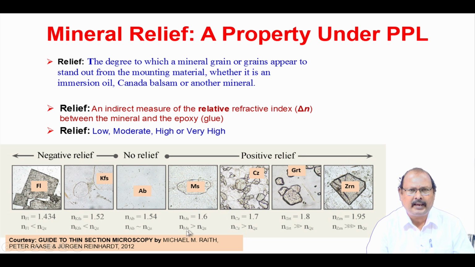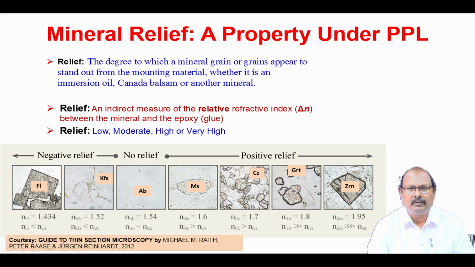So, if you say that 1.54 is a reference, then consider the minerals whose refractive index is higher than 1.54. For example, zircon, which is 1.95, is very high. You see the relief, this mineral looks to stand out from the surrounding minerals like quartz here. This is garnet, with a refractive index of 1.8, which also has a very high relief, it stands out here.